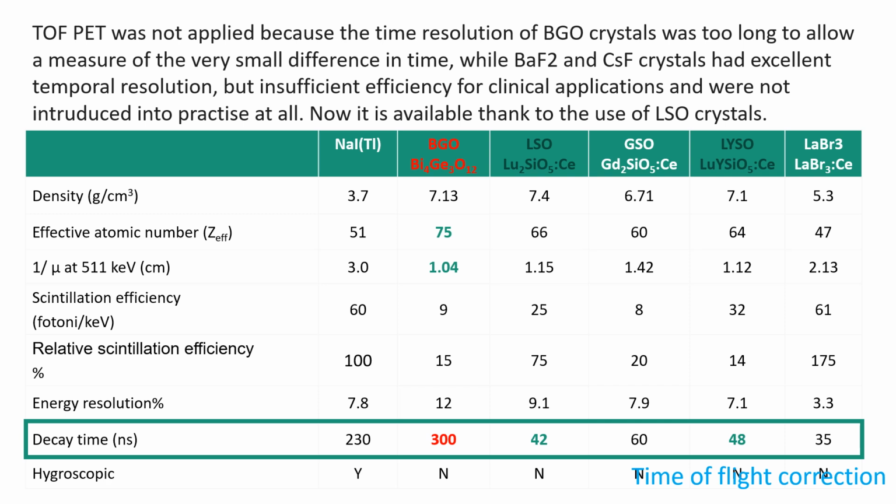By using scintillation crystals with a very short decay time coupled to fast electronics, it became possible to measure this difference in arrival time with a useful level of precision. PET systems that have this capability are known as time-of-flight systems.